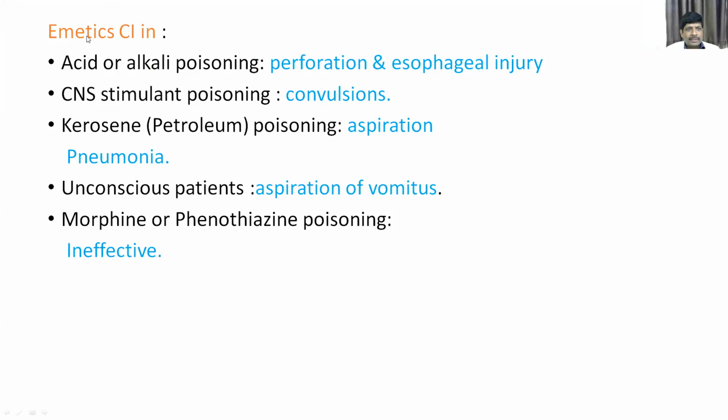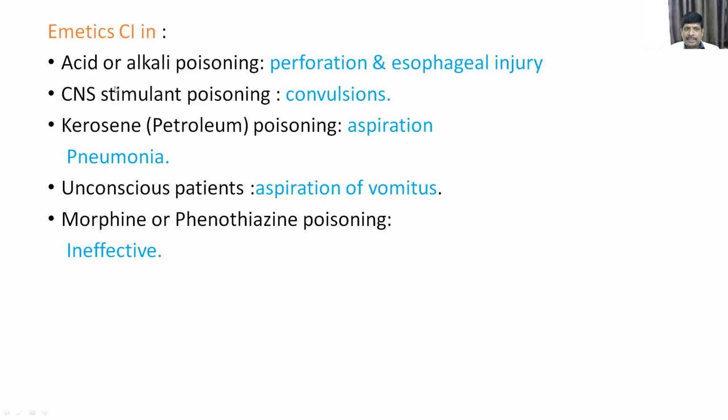Where are these emetics contraindicated? When the poisoning is due to acid or alkali, when the poisoning is due to a CNS stimulant causing convulsions, and when the poisoning is due to kerosene or petroleum, as there is a chance of aspiration pneumonia, a chance of convulsions in the CNS, and a chance of perforation in esophageal injury.